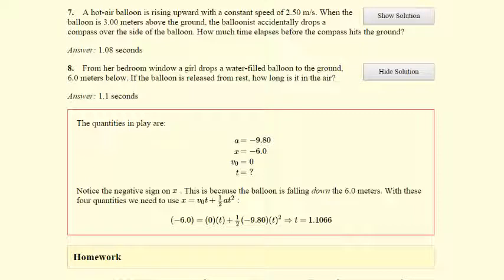Oh man, so many people. Go ahead. The acceleration is positive because the balloon is being released from rest... So the acceleration represents how much the speed is changing.